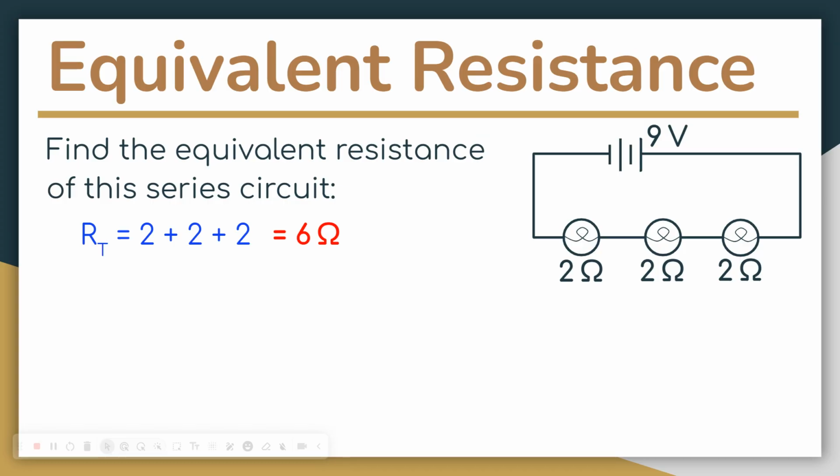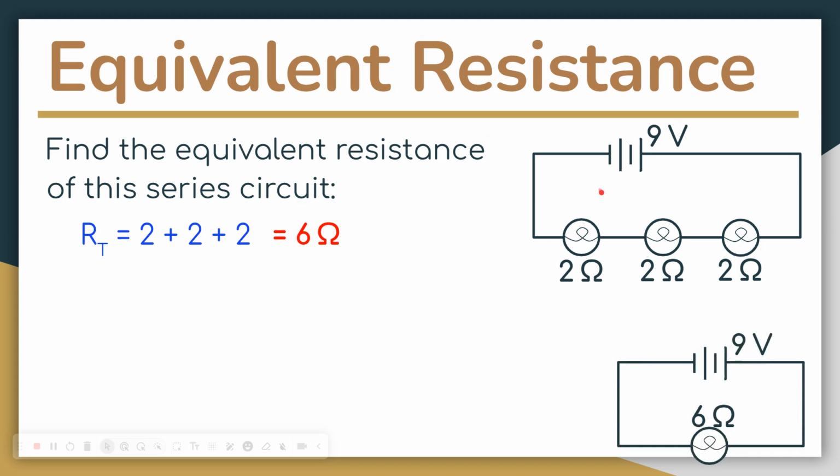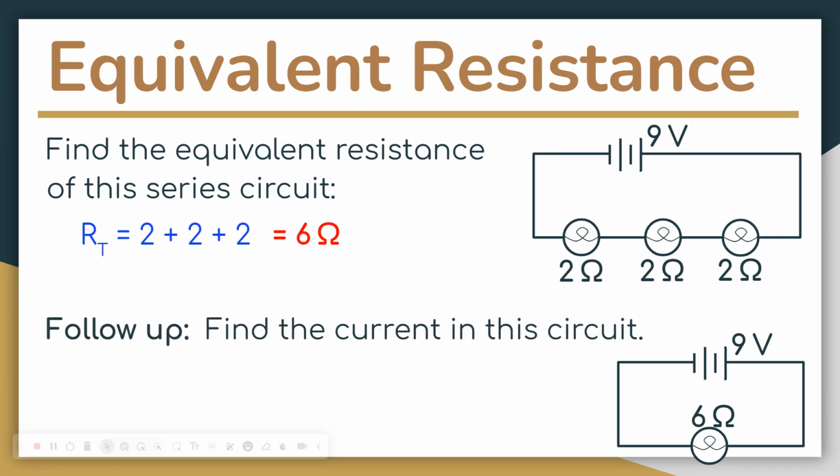And so the reason it's called equivalent resistance is because this circuit would be equivalent to that circuit. If I had a single 6 ohm light bulb, it would be equivalent to having 3 2 ohm light bulbs in series. Those 2 circuits have the exact same amount of voltage and the exact same amount of total resistance. And so if I wanted to find the current, it would be the same for both of those.